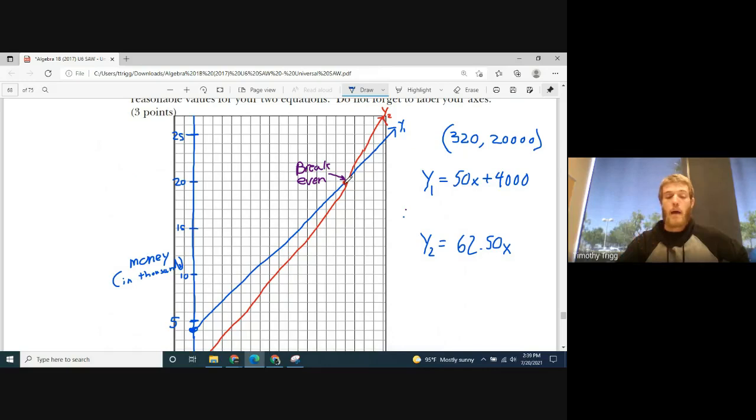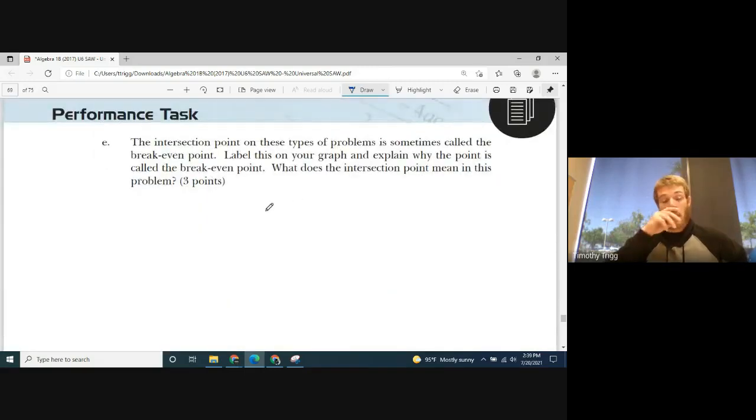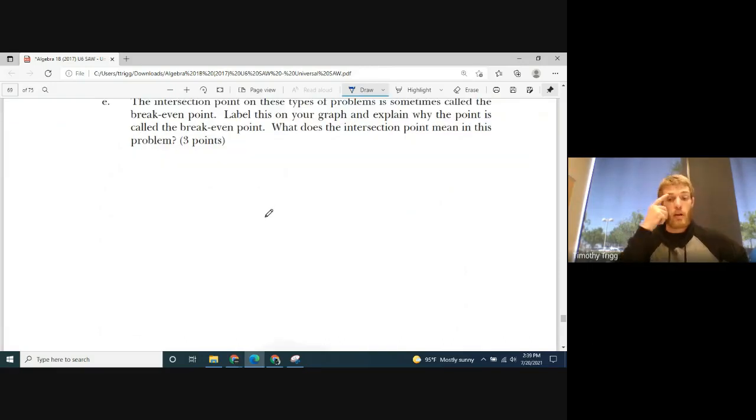So if you sell, in this case, 320 beanbag chairs, you've spent 20,000, but you've also brought in 20,000. So you haven't lost any money, but you also haven't gained any either. I want you to explain that in your own words right here. If you aren't sure how to explain that, you can rewind the video and listen to me explain it again.